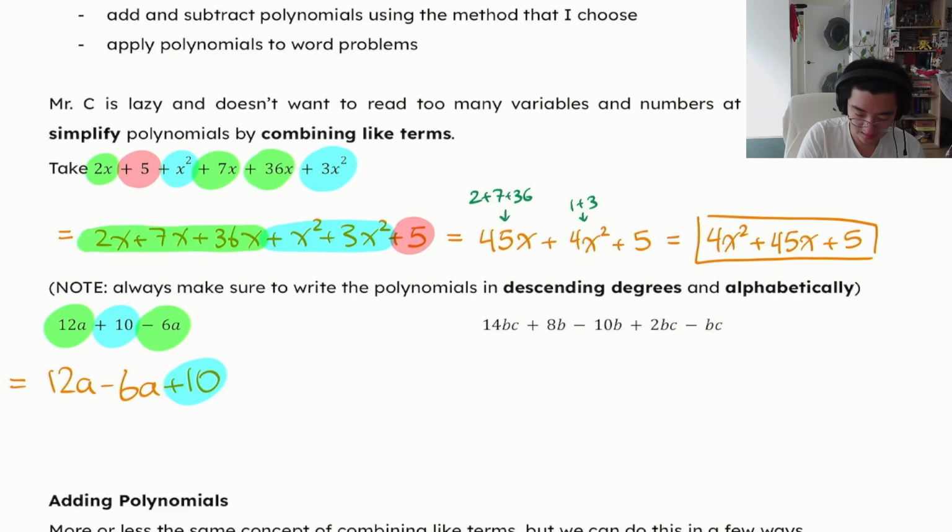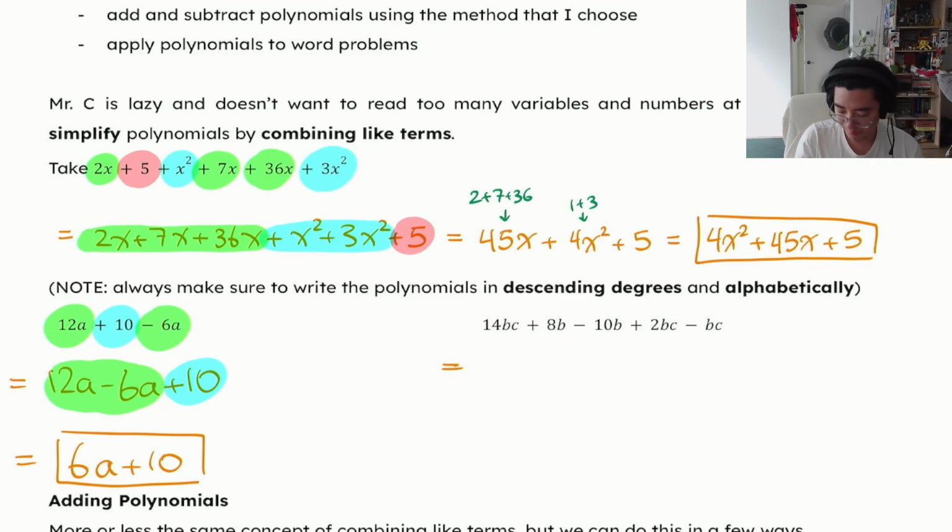The 10 is now there, and the a is over there. Once again, we always work with coefficients. So in this case, 12 minus 6 is 6. The variable stays the same, which is a, plus 10. The 10 doesn't change.